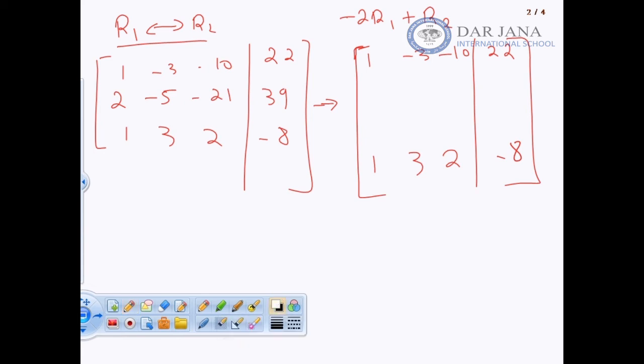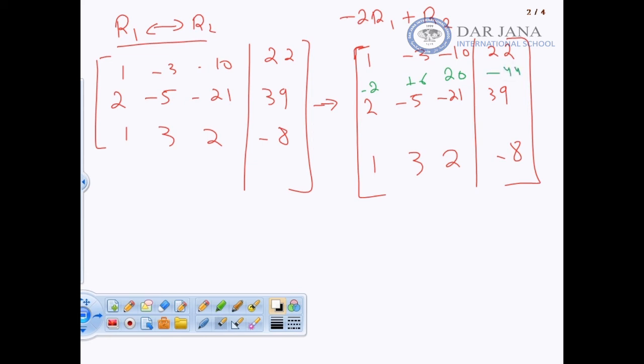Let's look at R1. If I multiply R1 by negative 2, 1 multiplied by negative 2 is negative 2. Negative 3 multiplied by negative 2 is positive 6. Negative 10 multiplied by negative 2 is 20, and 22 multiplied by negative 2 is negative 44.